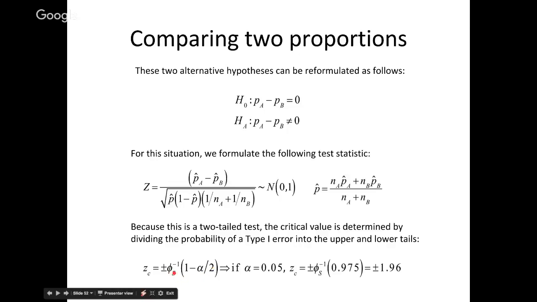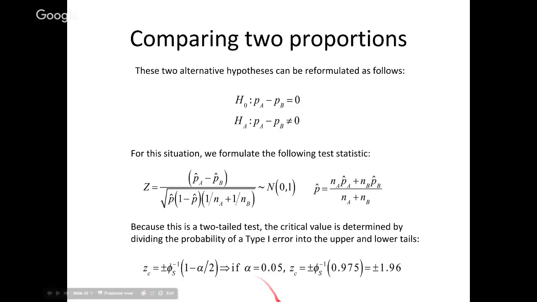To estimate the critical Z value associated with those two tails, we just take the inverse of the CDF for the standard normal and apply it to 1 minus alpha over 2. We include the 1 minus here again just because our probability tables don't tabulate negative values of the Z-score.